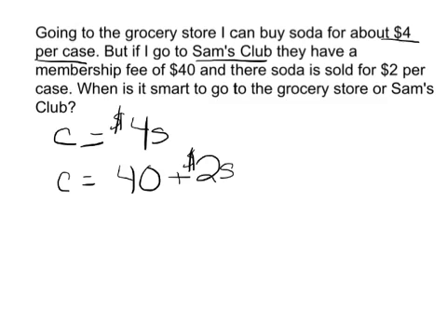With these two equations, I'm going to be able to find the break-even point, when these two costs are going to be equal to each other. Now, here's the kind of cool thing. A very simple way is you can just make these equal to each other by doing this.